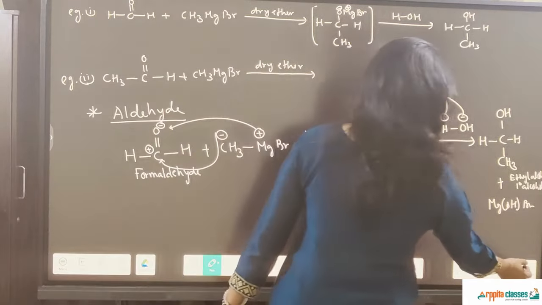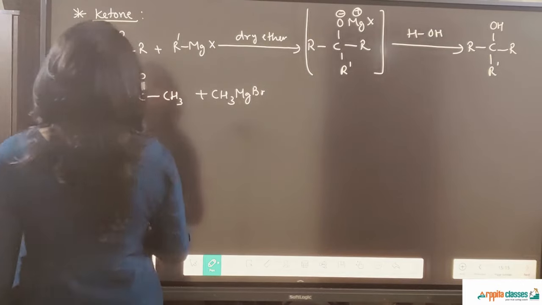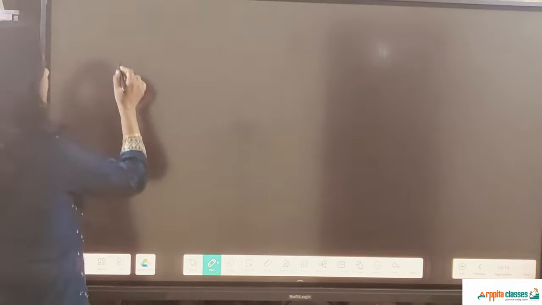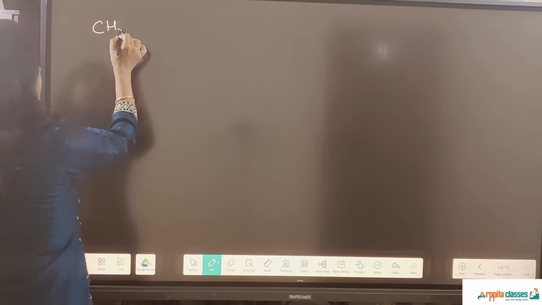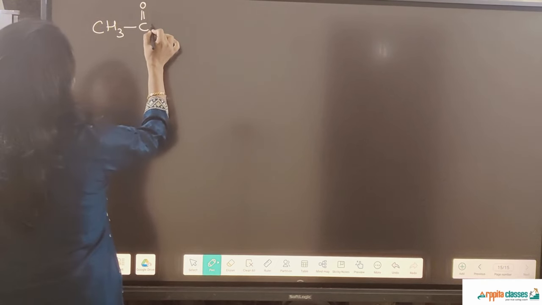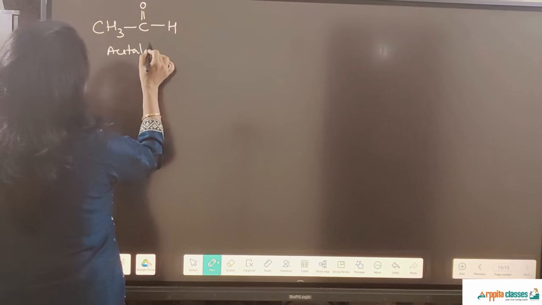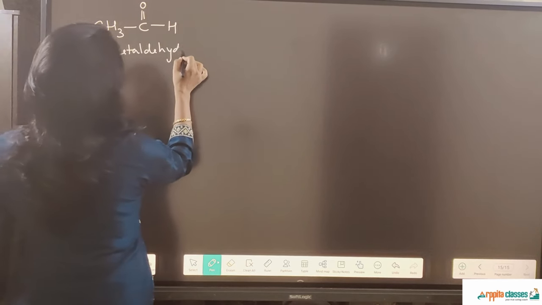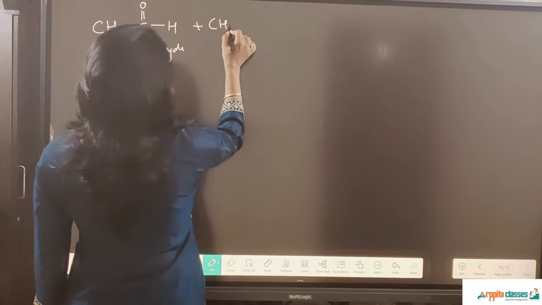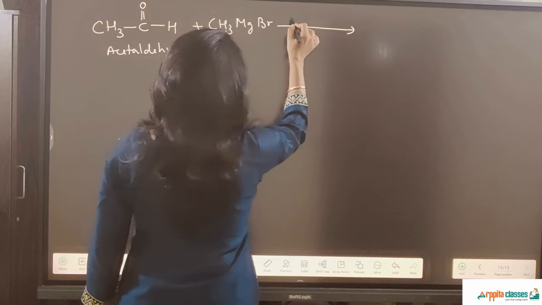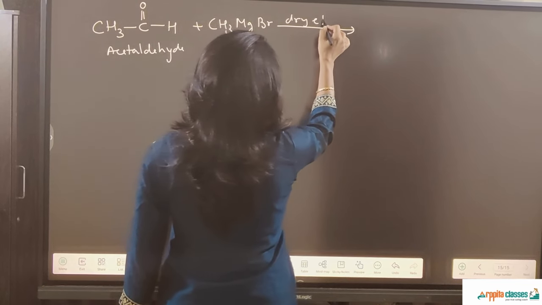Now let's see what happens if we are using acetaldehyde. Okay, so I'll clean it. I'll do it again. Suppose I am using acetaldehyde, CH3 C double bond O H. This is my acetaldehyde. And I am treating this with CH3MgBr in presence of dry ether.